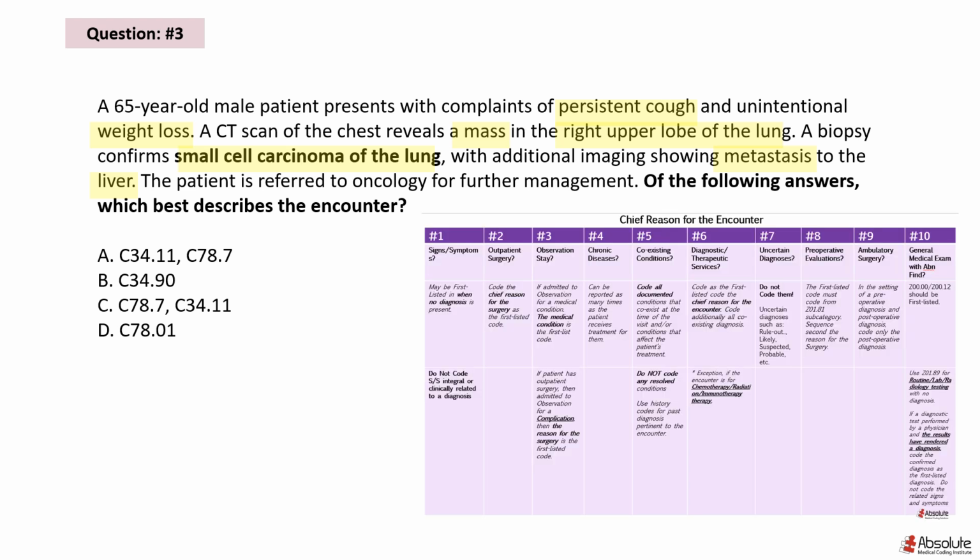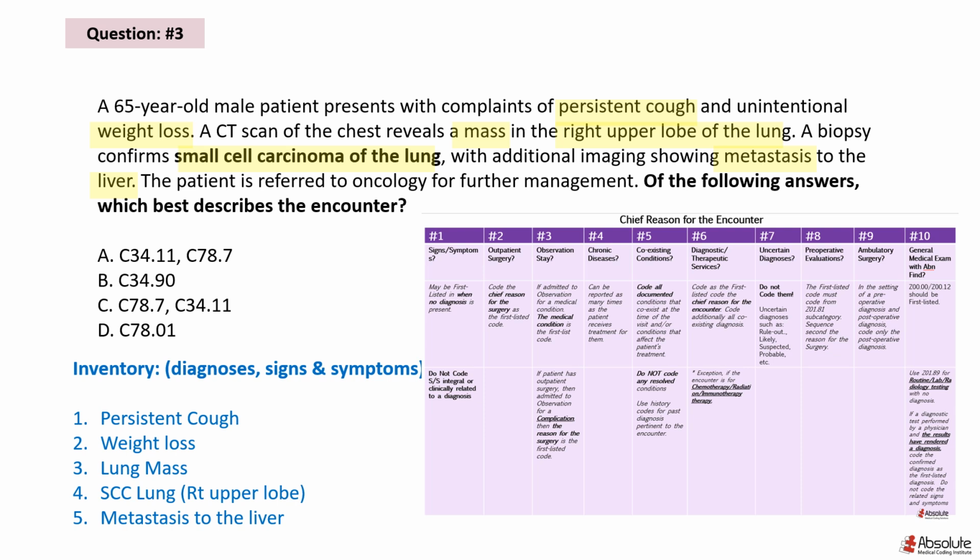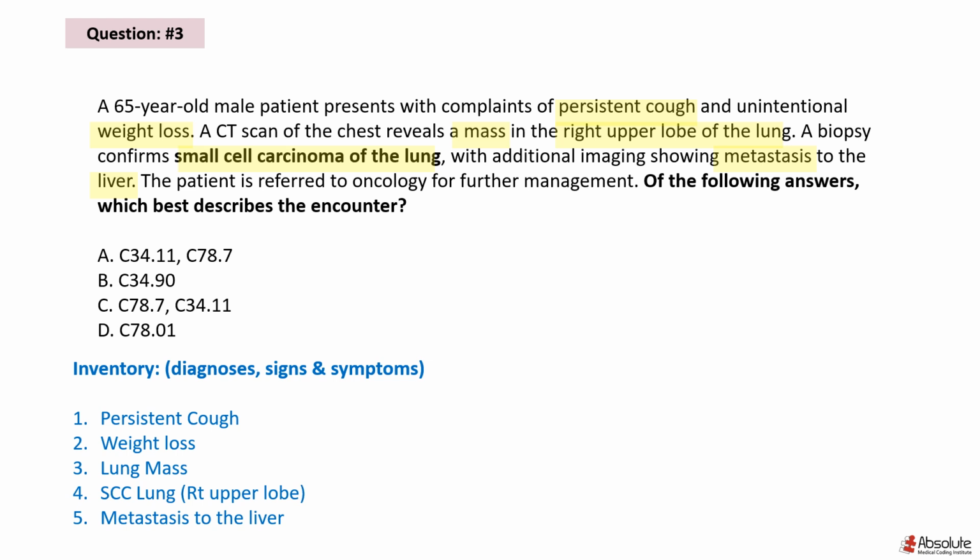All right. So I'm going to use this chart. I'm going to use my chief reason for the encounter chart because we have some signs and symptoms that are integral to a disease or diagnosis on this sheet, right? So I'm going to eliminate those signs and symptoms.